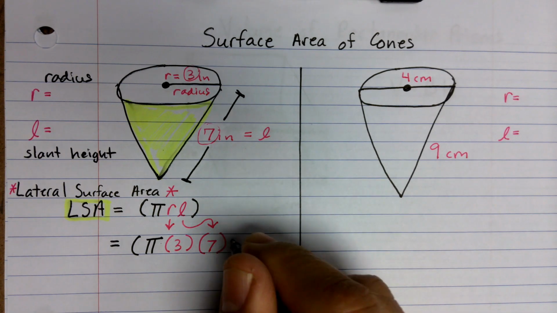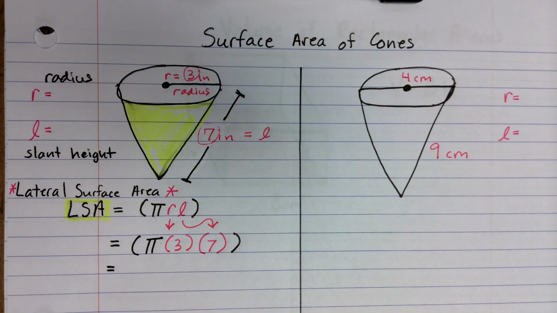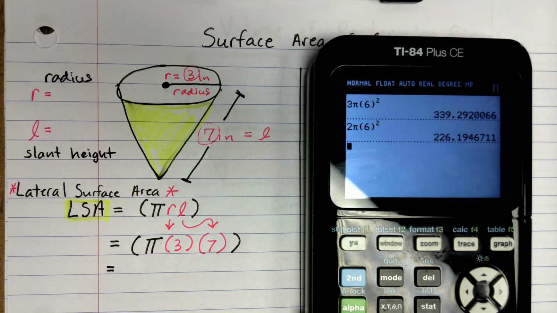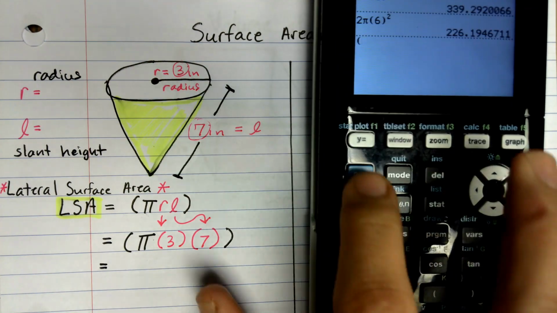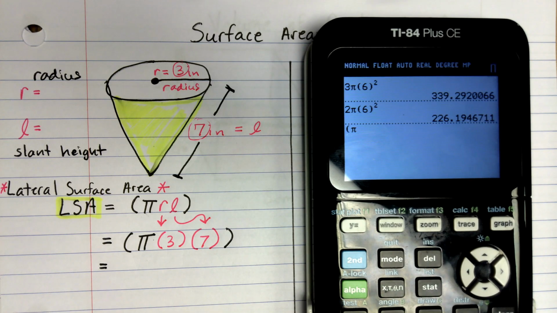And so we'll just put this in the calculator right quick and see what it gets. So I'm going to put my parentheses. Remember, if you want to put pi, you need to hit the second button and then hit the caret key where the little pi symbol is on top of. That'll give us pi. And then I'm going to put parentheses, 3, close parentheses, parentheses, 7, close parentheses, and hit enter.